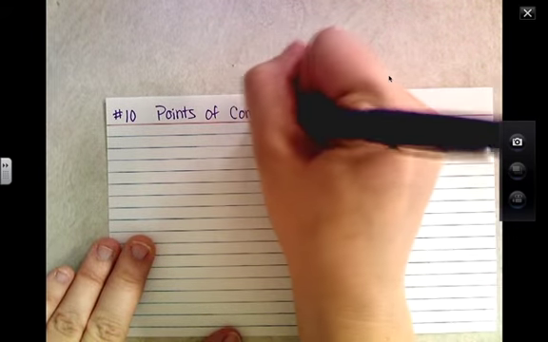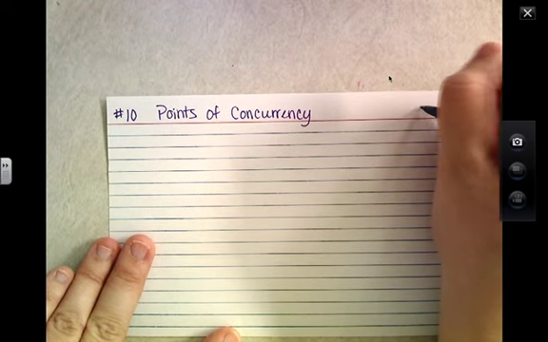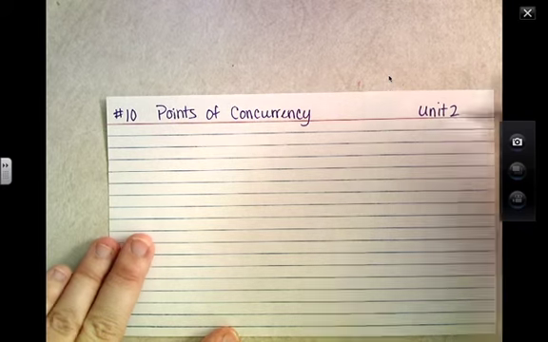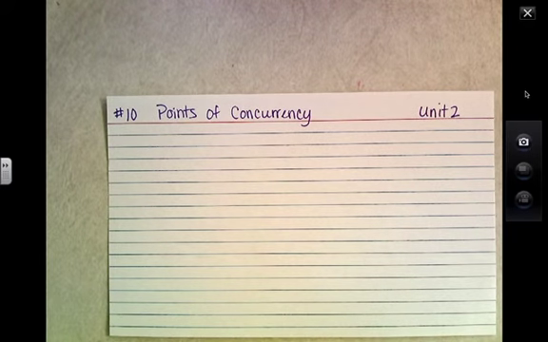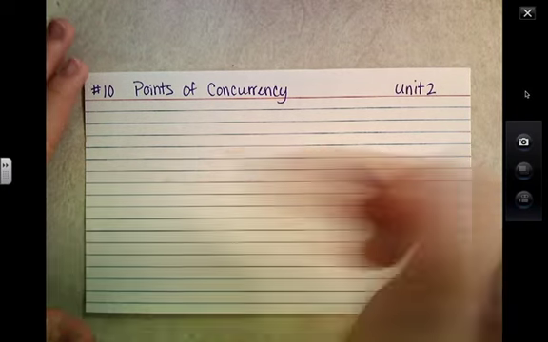And of course, what we'll be doing in a little bit is actually constructing some points of concurrency. But we're going to start by just learning what the points of concurrency are. There are 4 different types of points of concurrency, and the points of concurrency you get when you construct something specific about a triangle. The first point of concurrency is called, so we're going to write this actually.